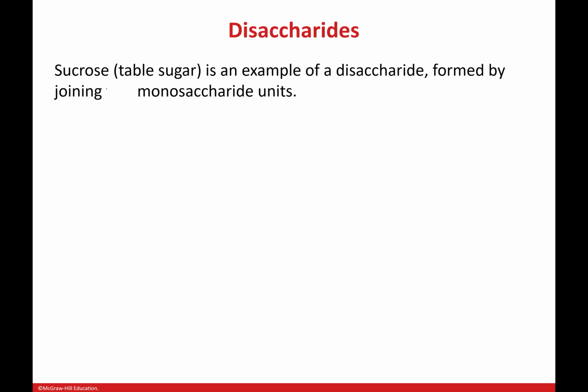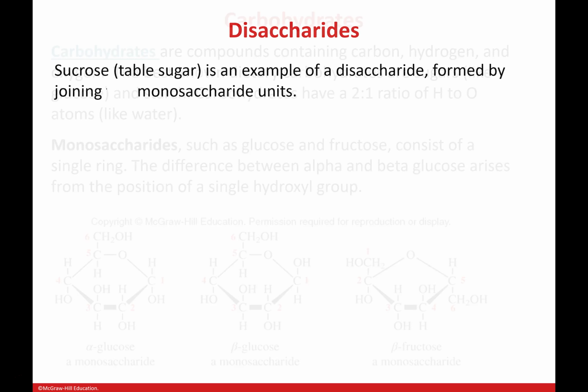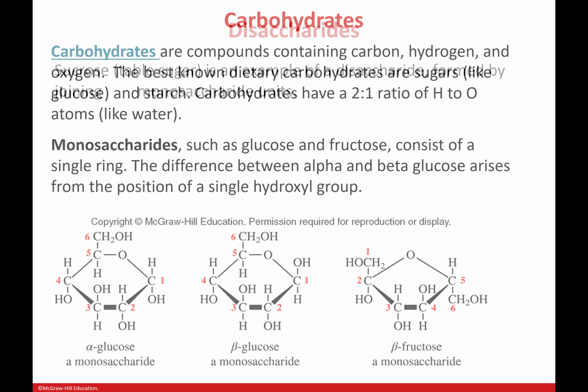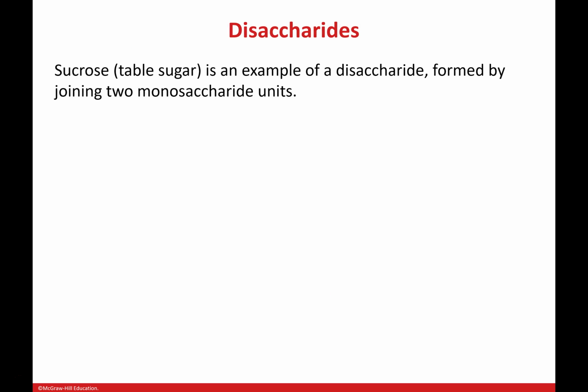So let's look at disaccharides. So you take 2 of those together, 2 monosaccharide units, and the only monosaccharide units from the previous slide were fructose and glucose. So glucose is mono, sucrose is di. Okay?